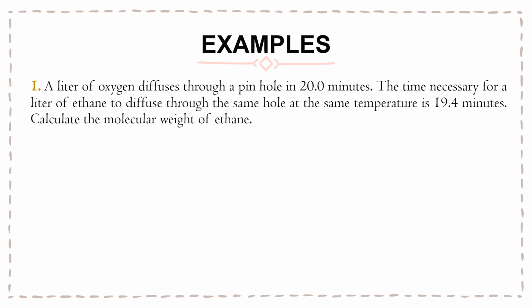So let's have another example. A liter of gas diffuses through a pinhole in 20 minutes. The time necessary for a liter of ethane to diffuse through the same hole at the same temperature is 19.4 minutes. We are asked to calculate the molecular weight. We have a pinhole, so this is a problem regarding effusion.